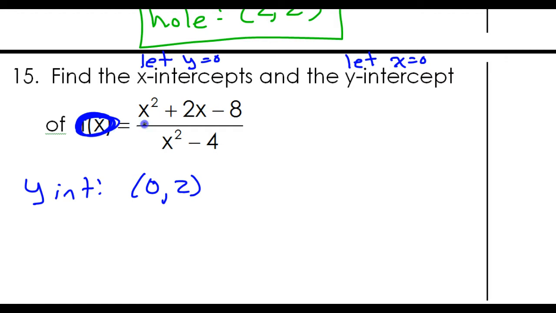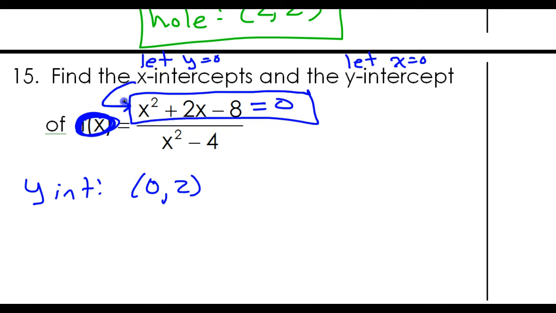So letting y equal 0, in other words, setting the whole function equal to 0, the only way that's going to happen is if the numerator is equal to 0. So this is what you really wind up doing. When you want to find the x-intercept of a rational function, you quickly find out that the only way that's going to happen is if the numerator is equal to 0.